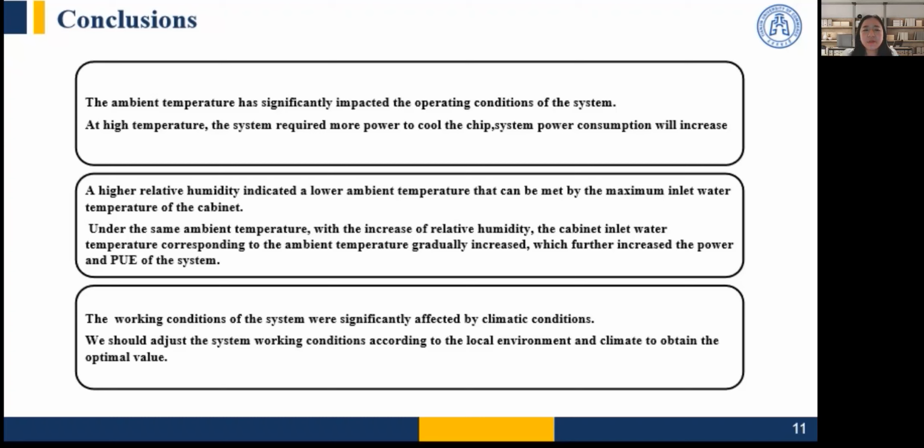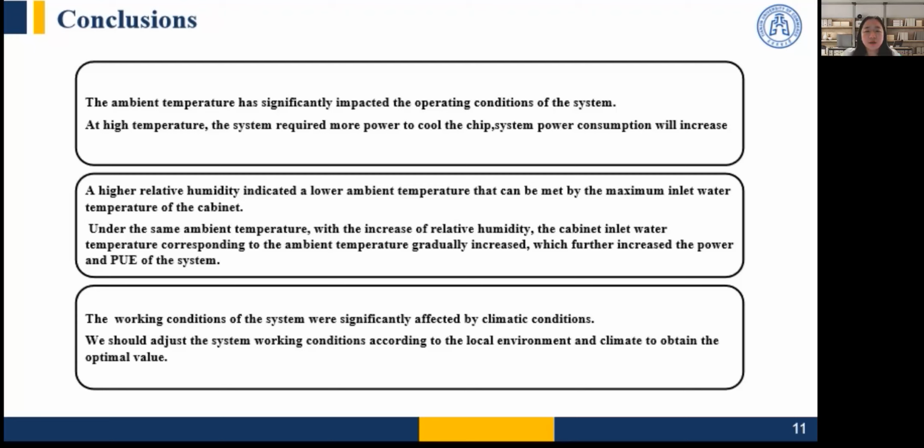Under the same ambient temperature, with the decrease of relative humidity, the optimal inlet water temperature corresponding to the ambient temperature gradually decreased, which further decreases the power and the PUE of the system.